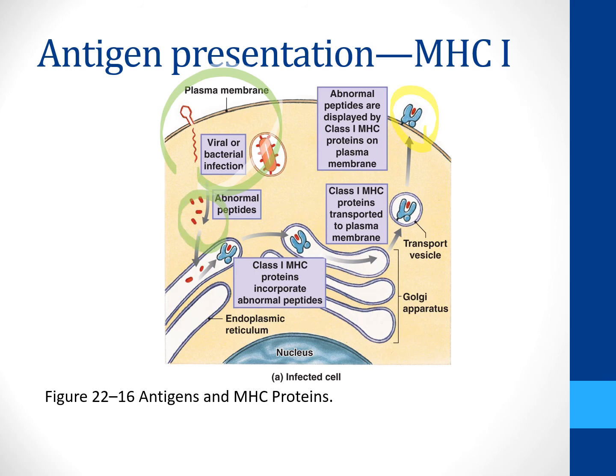Those peptides are picked up by the MHC1 antigen, and it goes through the Golgi apparatus into a transport vesicle where it gets deposited onto the cell membrane, and it's going to display that abnormal peptide in that MHC1 protein antigen.